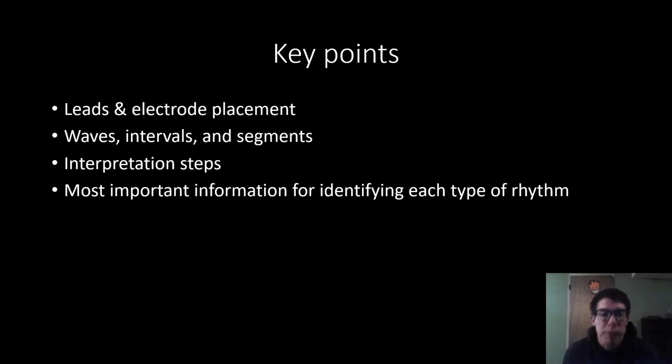And we're going to talk about the most important information for identifying each type of rhythm. So sinus, atrial, AV junction or junctional, and ventricular. All right.